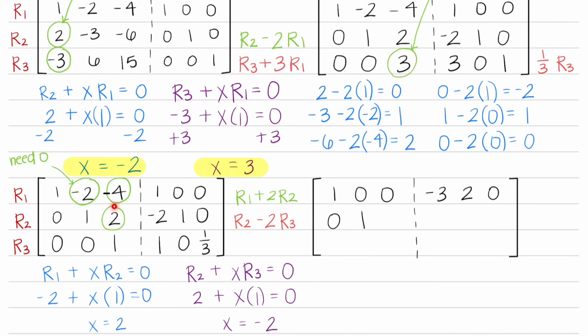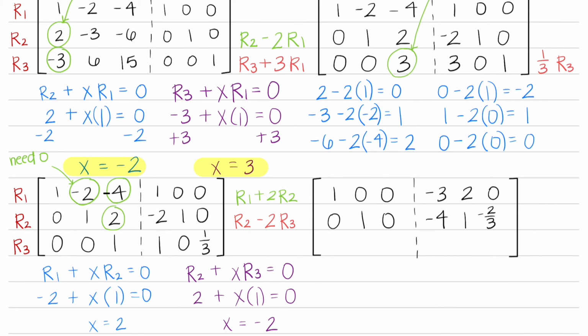The third term, 2 minus 2 times 1 is 0. The fourth term, -2 minus 2 times 1 is -4. The fifth term, 1 minus 2 times 0 is 1. And the last term, 0 minus 2 times 1/3 is -2/3.